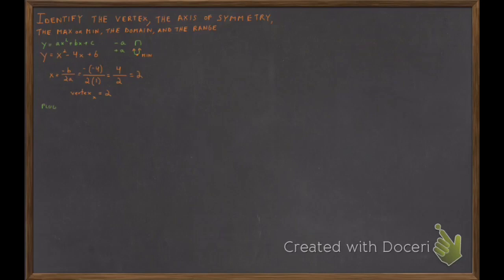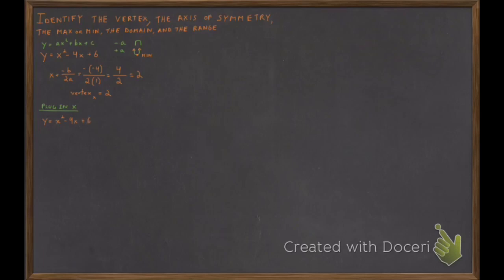I'll write the quadratic so you can see exactly what we are doing: minus 4x plus 6.